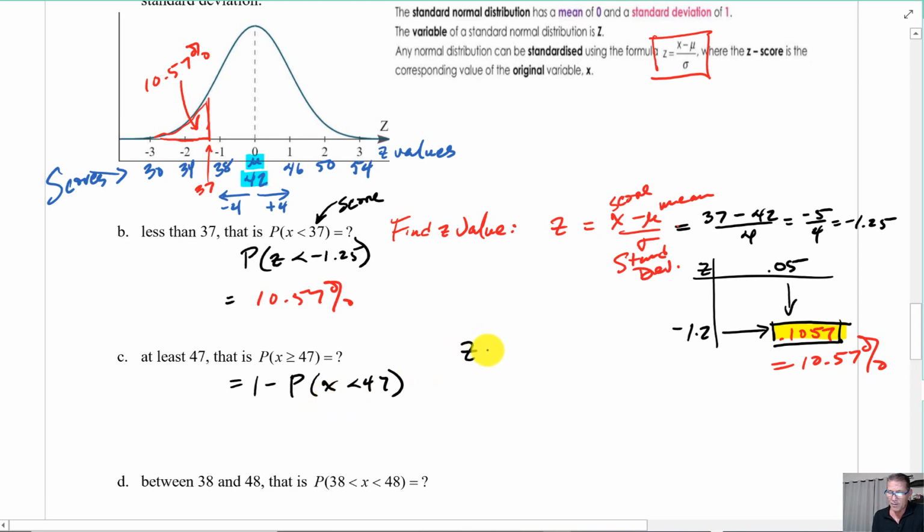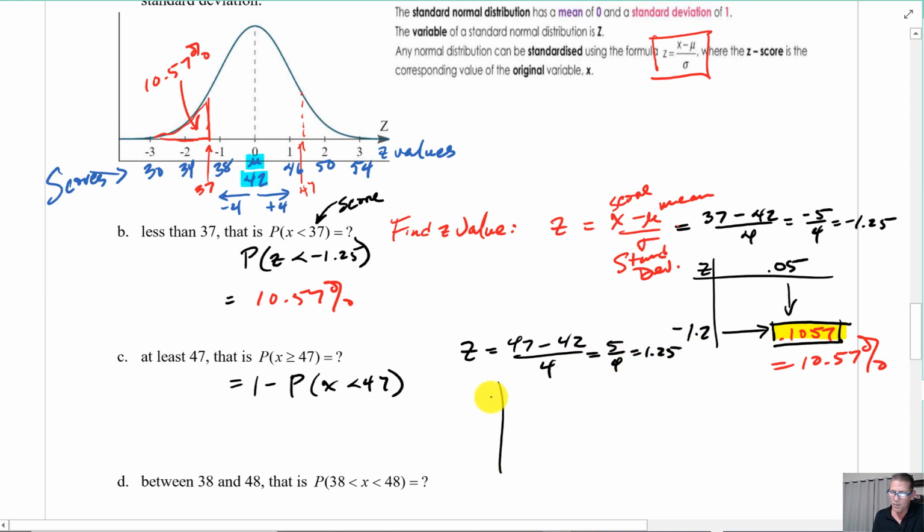The very first thing I do is find the z-value: 47 minus the mean of 42. 47 is over here to the right somewhere, so the z-value is between 1 and 2. 47 minus 42 divided by 4 is 5 fourths, 1.25 again. So this is positive.